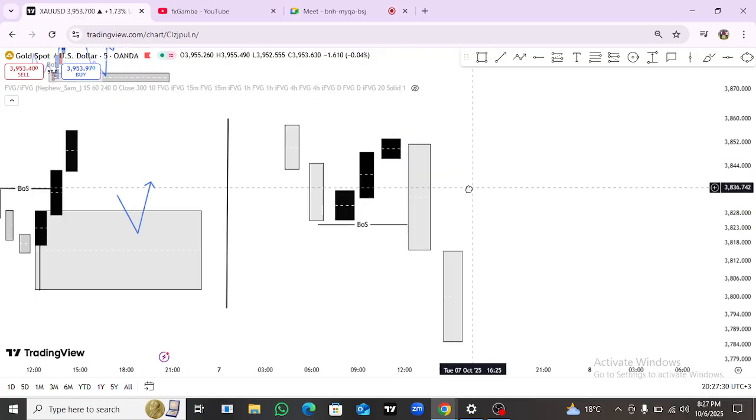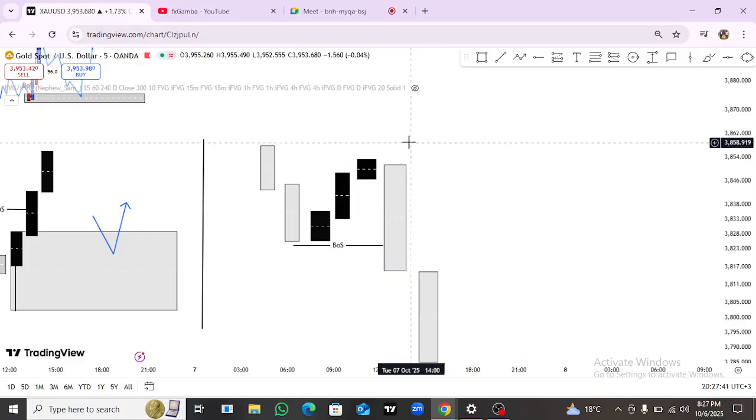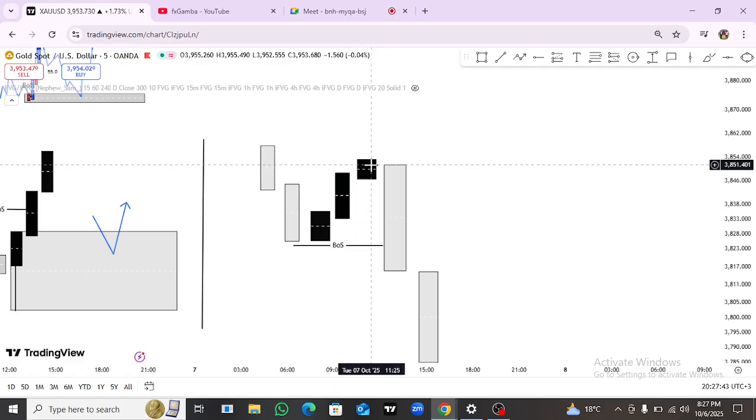So our order block in this case will be, which one shall be our order block? Yeah, the small one at the top. So this is the last candlestick that printed before they pushed to the low. So that will be our order block.